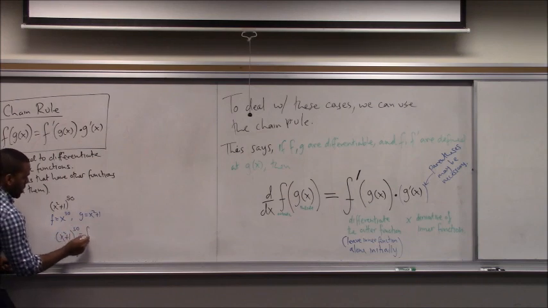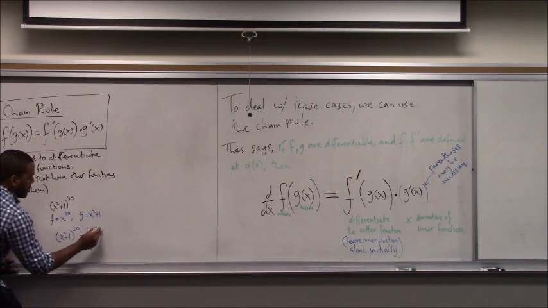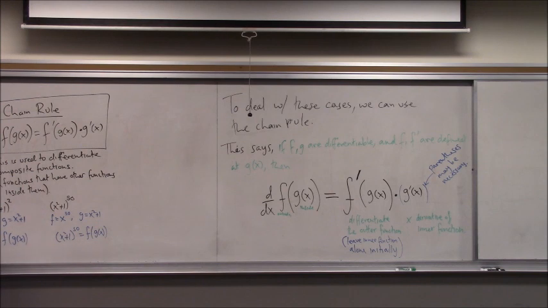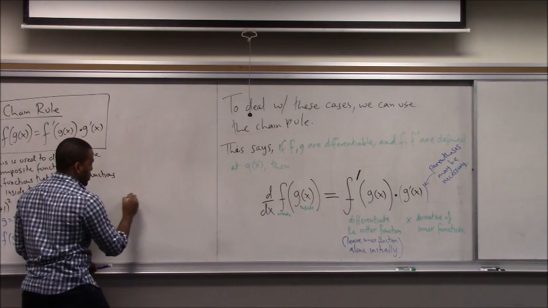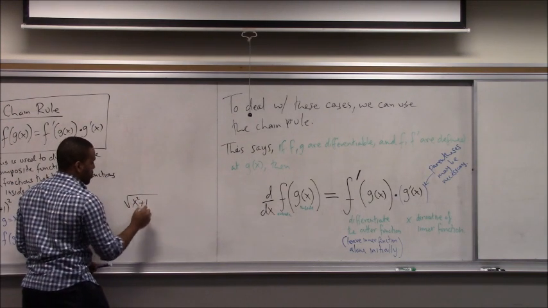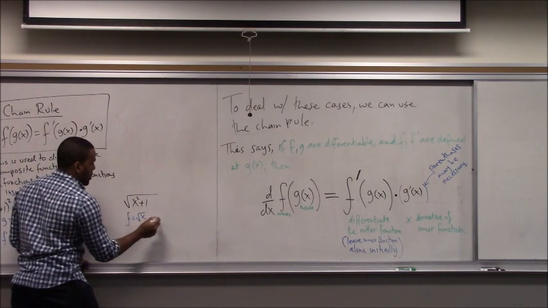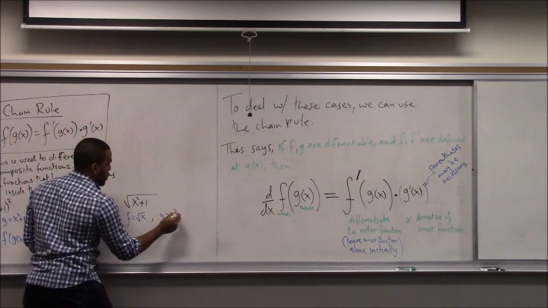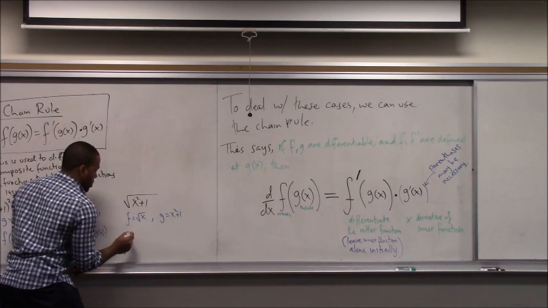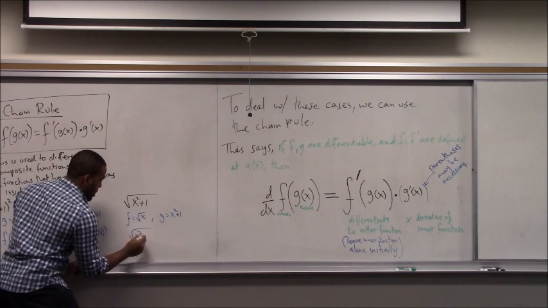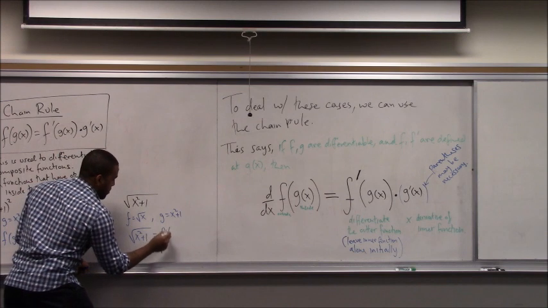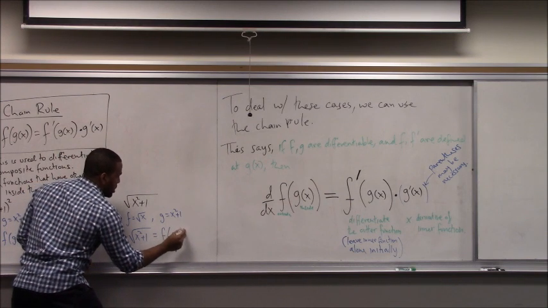And then this guy would end up being the outer function evaluated at the inner function. And you can also look at, say, the square root of x squared plus 1. So your f is just the square root function, your g is just x squared plus 1, and so this guy is actually just f evaluated at g.